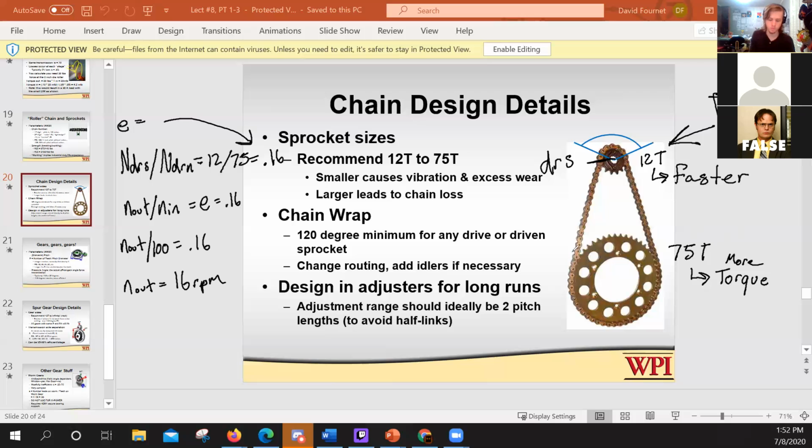So that fits with basically what we want. Then we could say torque out, or sorry, torque in over torque out equals the same thing, which is E, which is 0.16. So let's say our torque in is 15, I'm going to make it simpler. Let's say 10 inch-pounds.